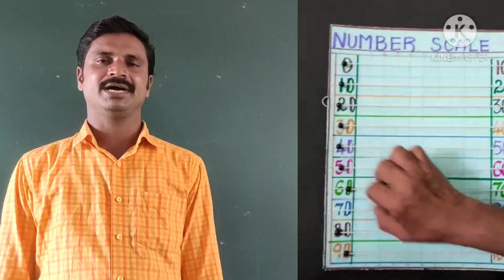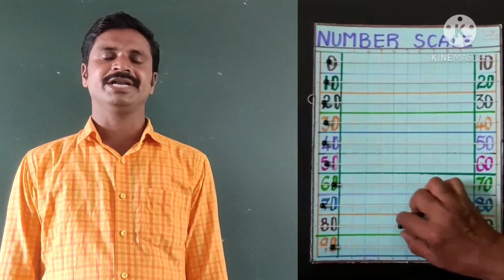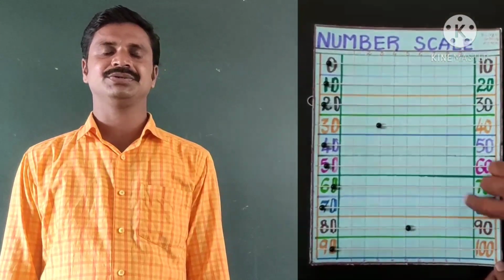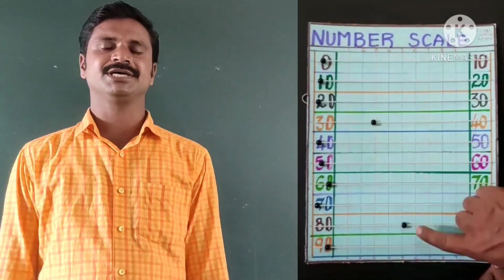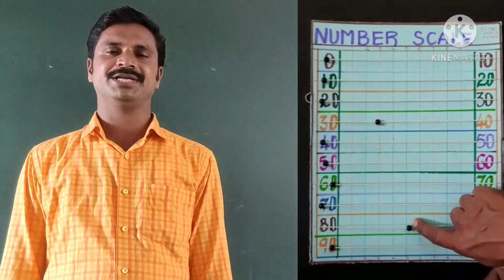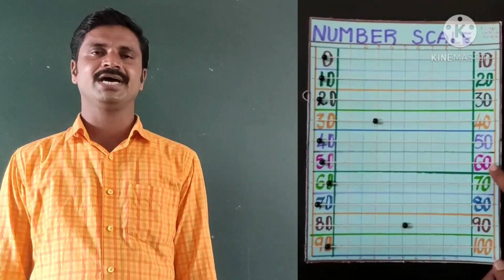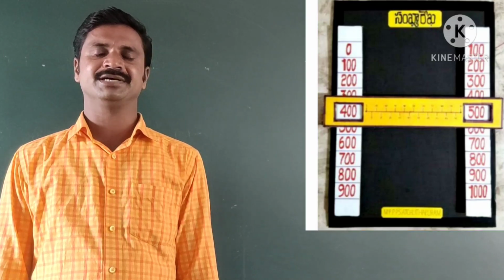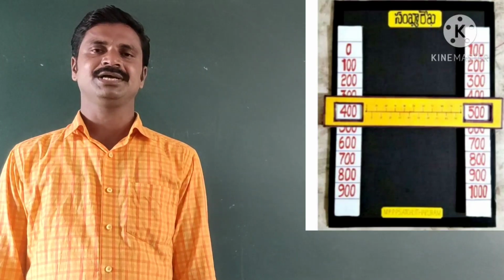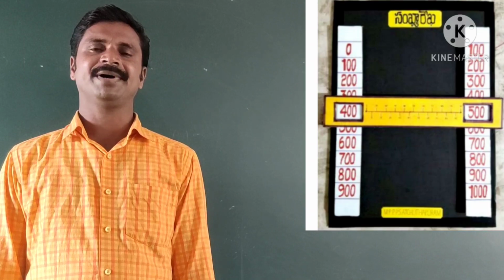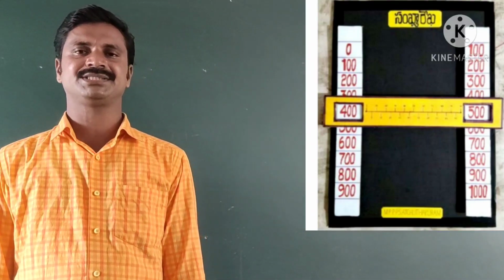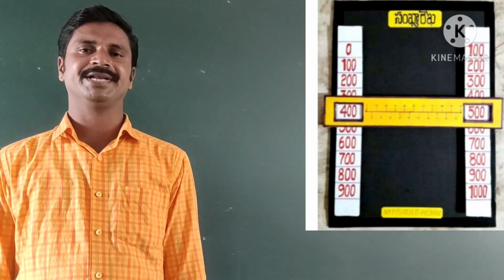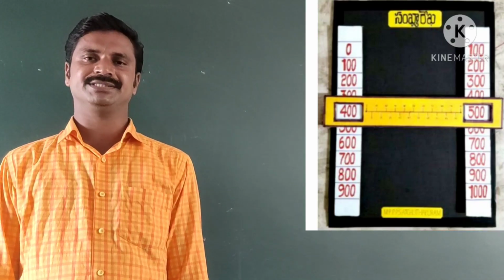We also learned a little bit about comparing 3-digit numbers, what is the biggest number and what is the smallest number. Today we will learn more about comparing 3-digit numbers.